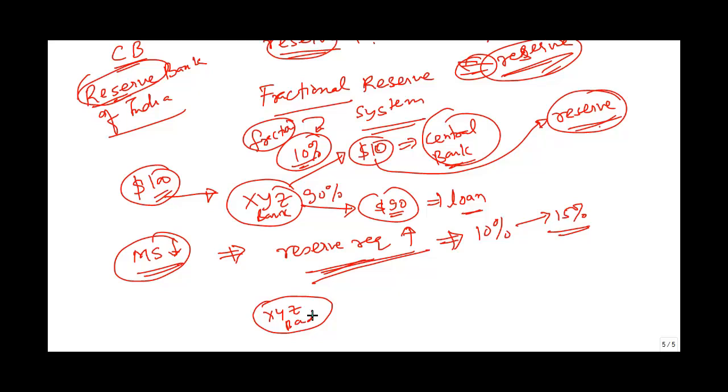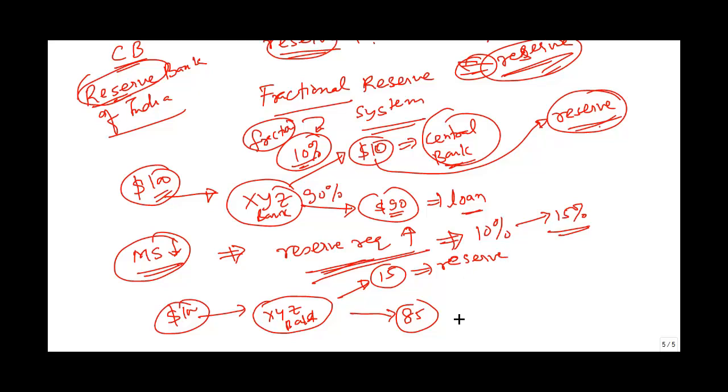You were depositing $100, and now this $100 is split into 15 and 85. 15 will go as a reserve to the central bank, and 85 will go as a loan. So earlier the loan amount was 90, now the loan amount is 85. It means that there is a decrease in the money supply in the economy. So this is also one of the tools available.